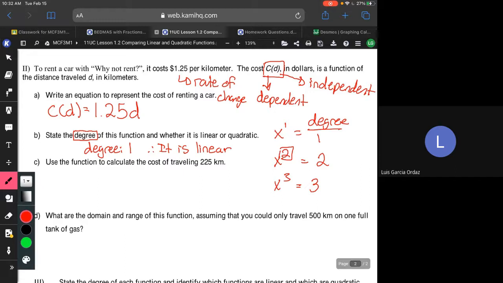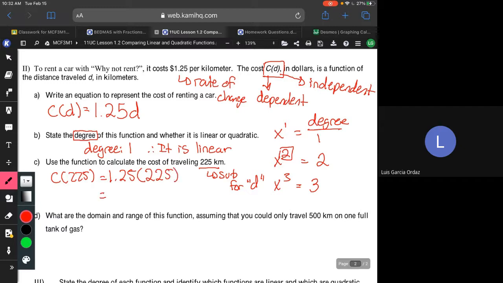Now, use the function to calculate the cost of traveling 225 kilometers. Ashton, how would we do that? So sub for D. So we get C at 225 is equal to 1.25 times 225.